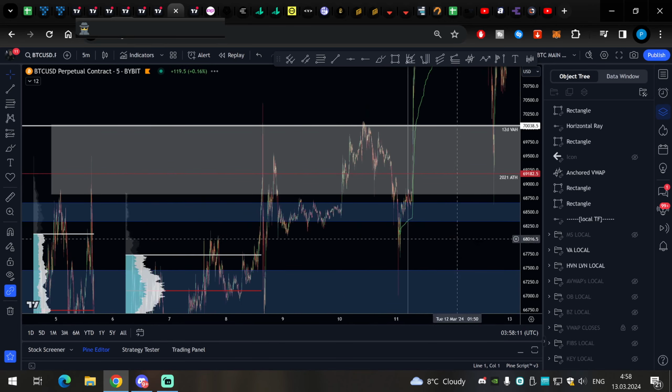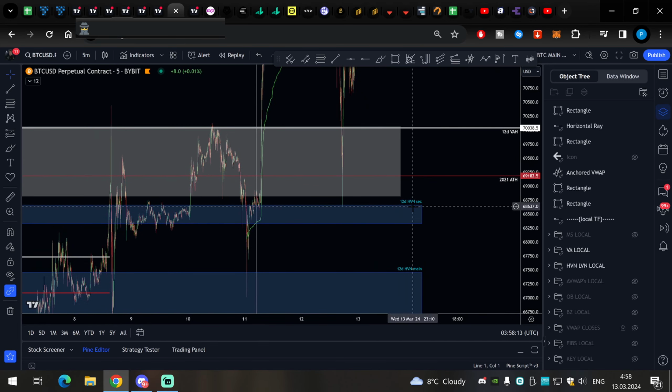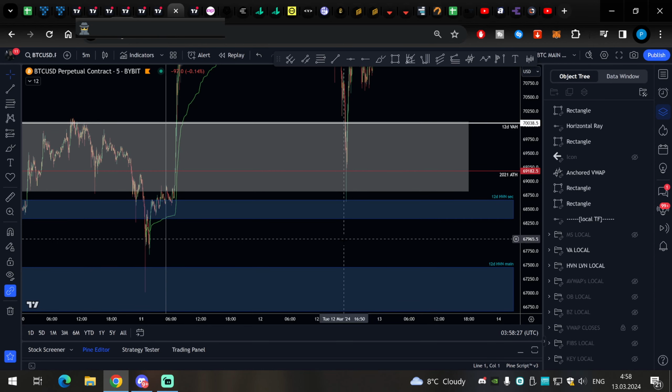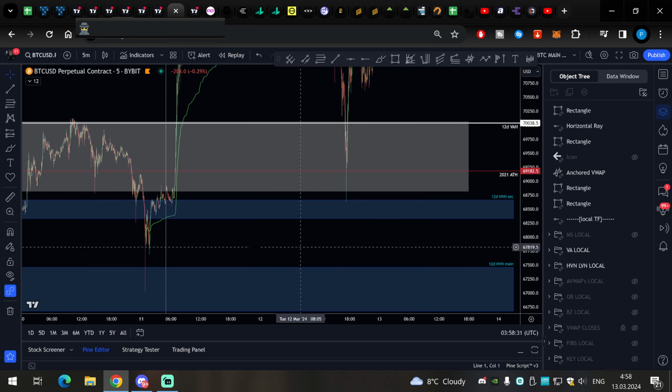This is why when we zoom out, you need to have the high volume node marked, so you know it's time for a reaction. You can either scale in with a partial position or go fully if you know how order flow works. But yes, you would be left behind if you were waiting for the exact level, because the market is in a bull market, so everybody is eager to enter.